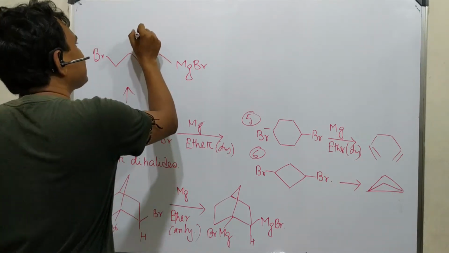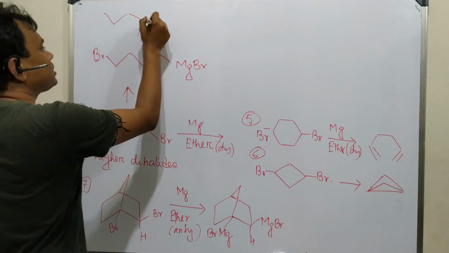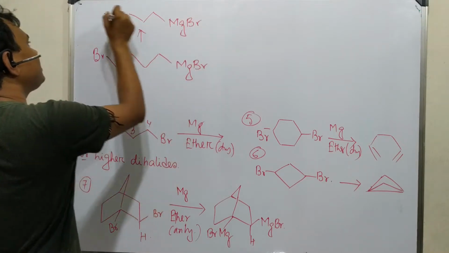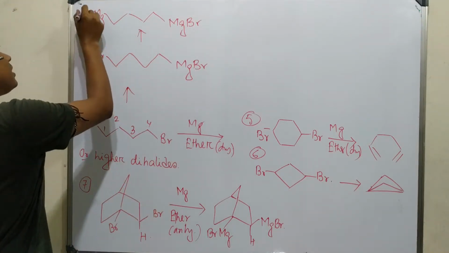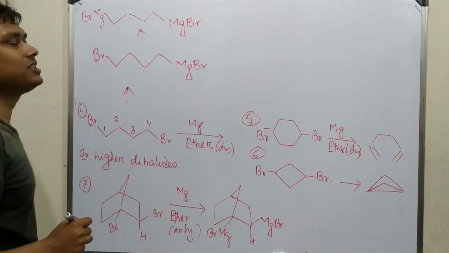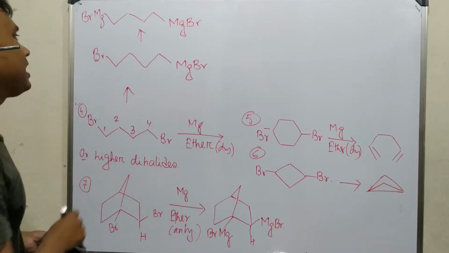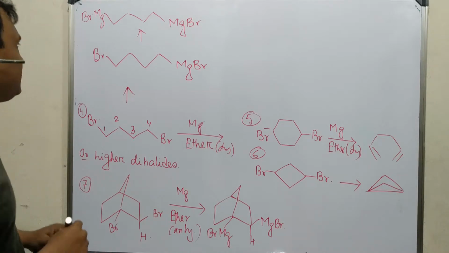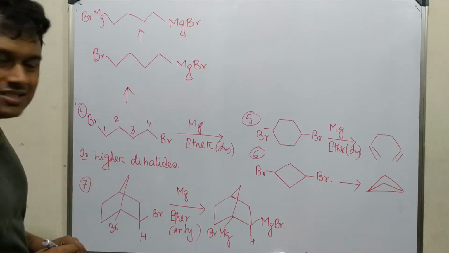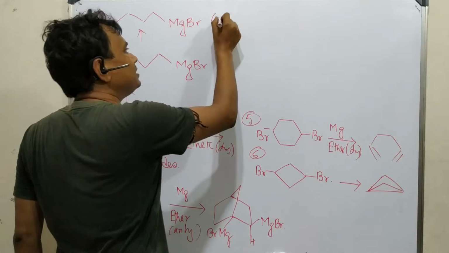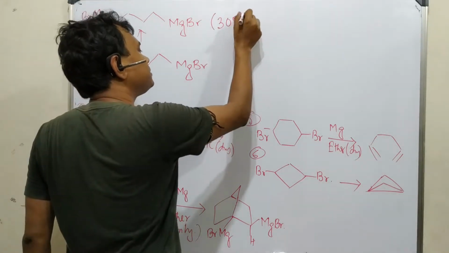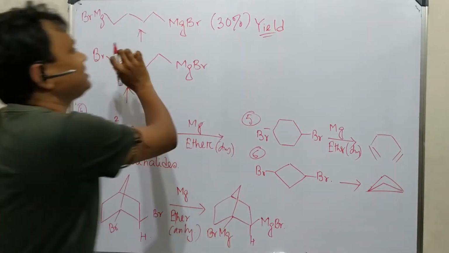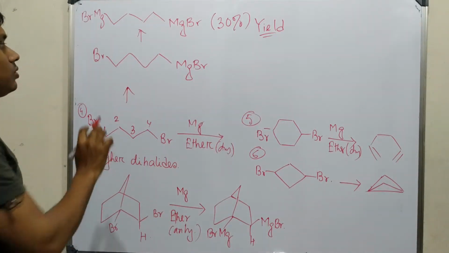That's why the second Grignard reagent formation also takes place. This is MgBr, this is MgBr, the second Grignard reagent preparation. But keep in mind this reaction is not that easy because it's not that stable, and that's why a low yield, around 30%, is observed, but this indicates that it happens.